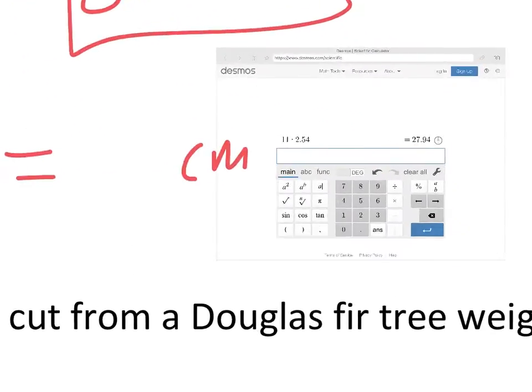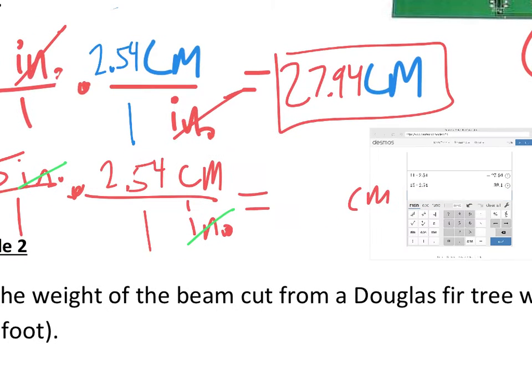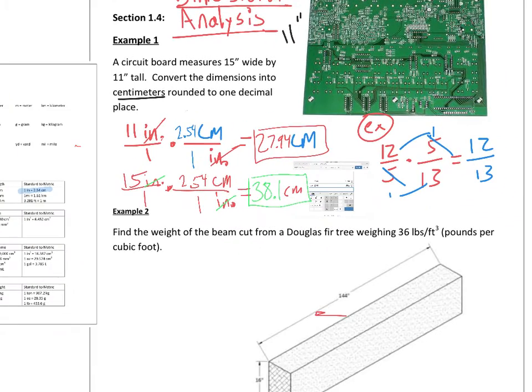So we're going to multiply 15 by 2.54, and that's 38.1.